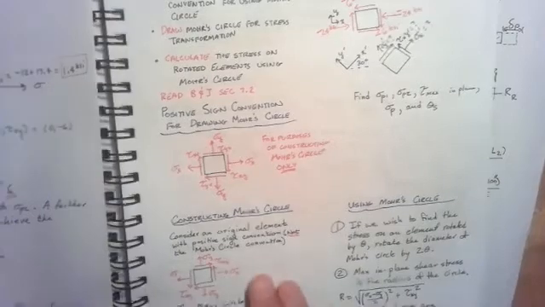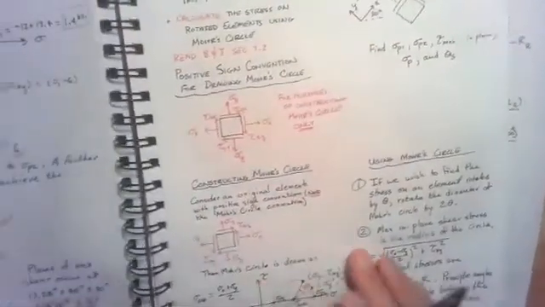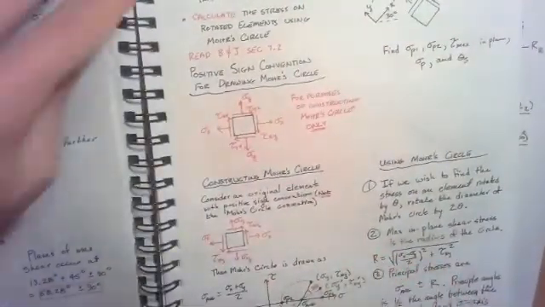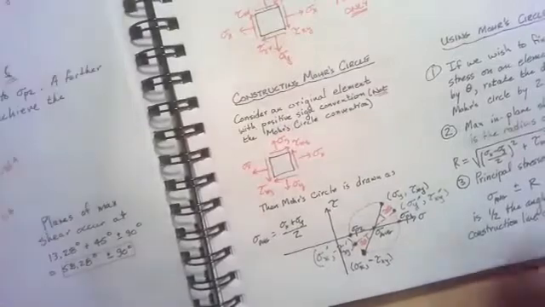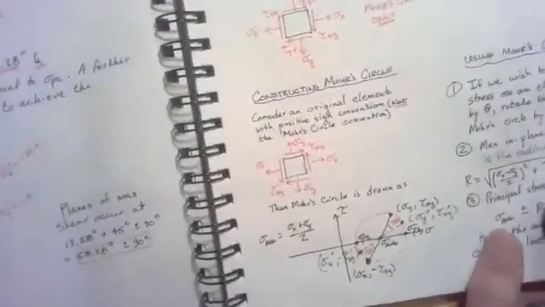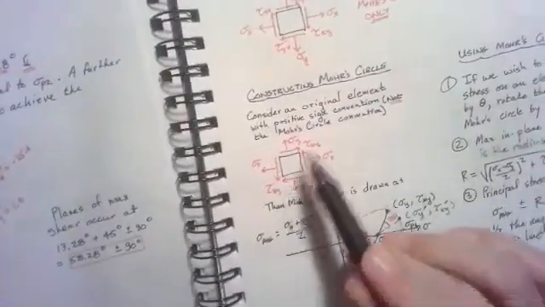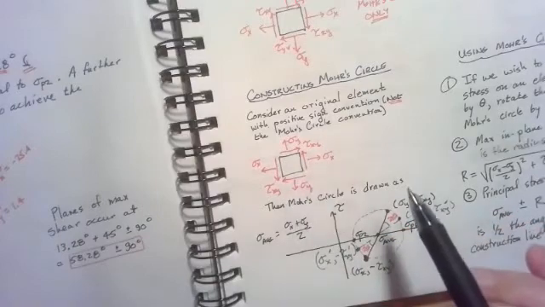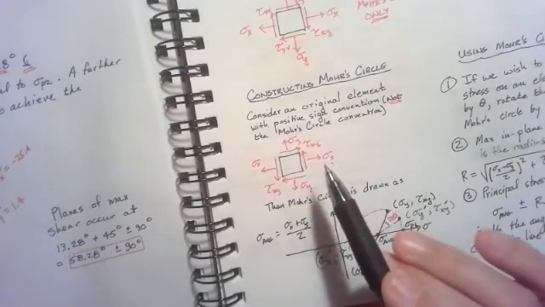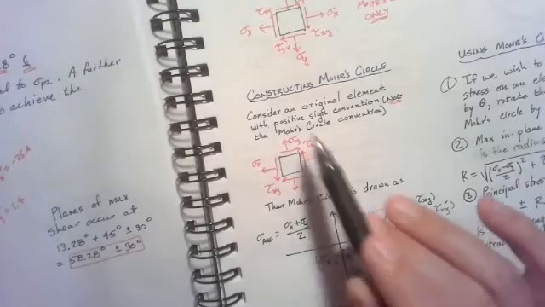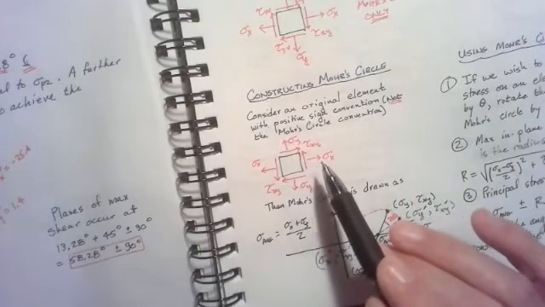So to construct Mohr's circle, we would take any 2D stress element, take this element that's in its positive sign convention, and come up with 2 points that are going to define the diameter.